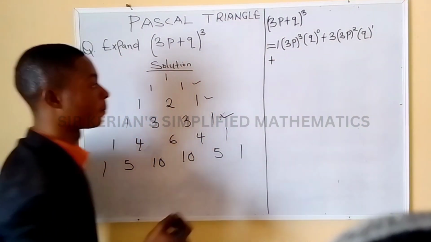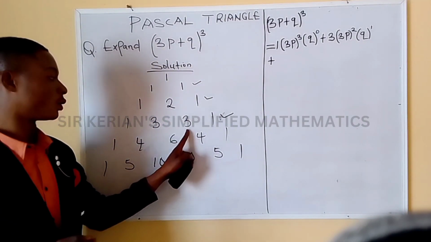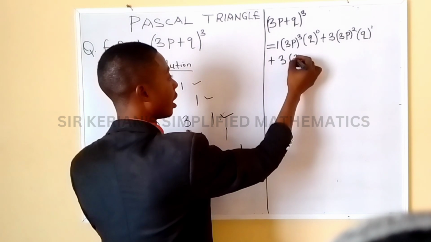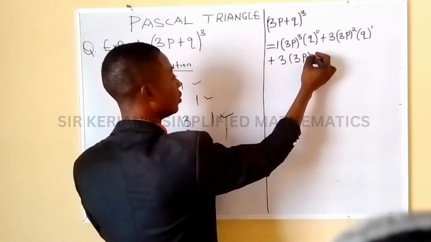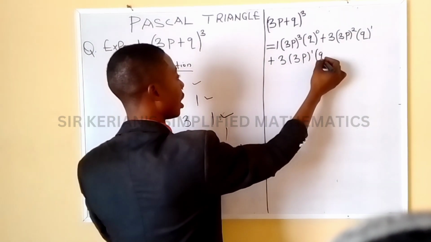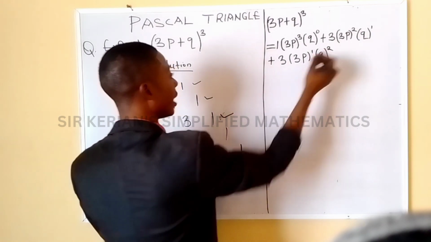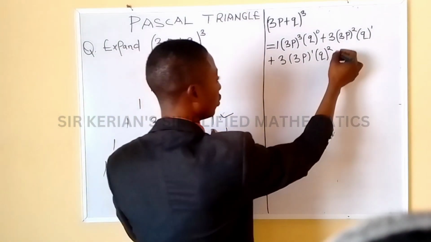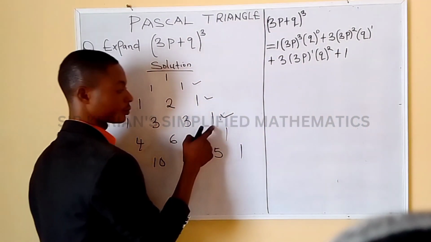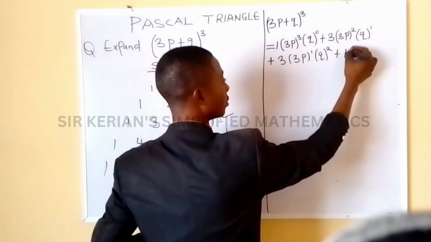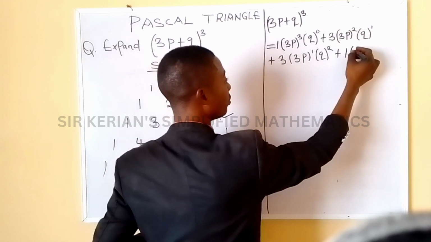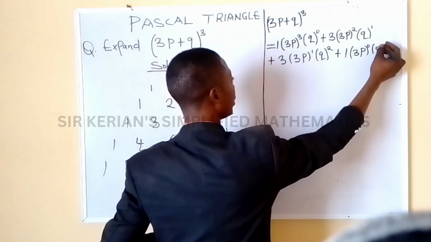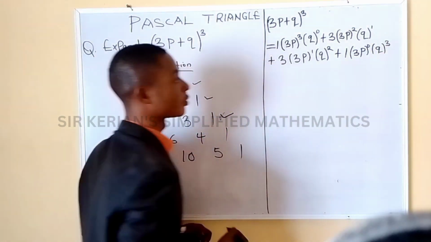Plus, go for the next 3, this one here. Our 3p, which is the first term, will decrease by 1, and our q will increase by 1. And go to the last coefficient, which is 1, this one here, times our first term 3p, which will also decrease by 1 to become 0, and our q will increase by 1 to become 3.